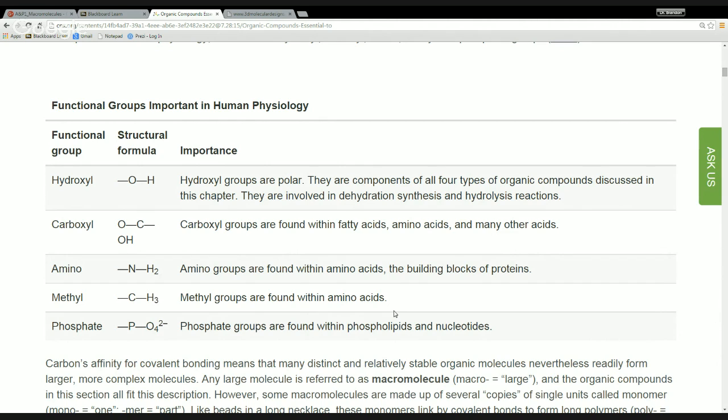Now, what we can do with functional groups is we can start to add properties to something like ethane by changing some of the elements in here, or some of the atoms in here. So if we take one of the hydrogens off of ethane and put an oxygen that's also bound to a hydrogen, that OH, which is called the hydroxyl group, is a polar bond.